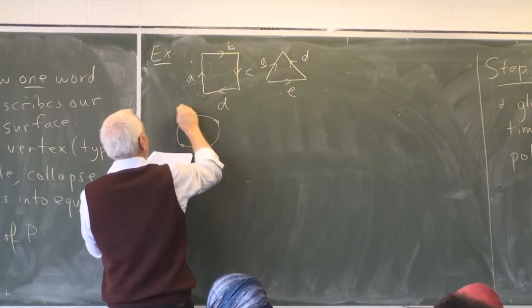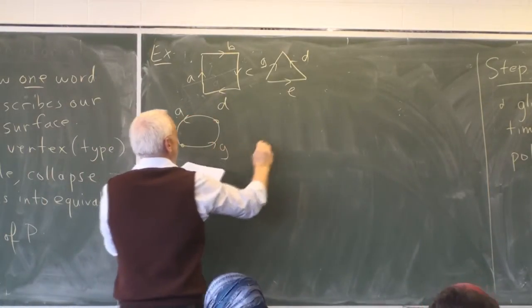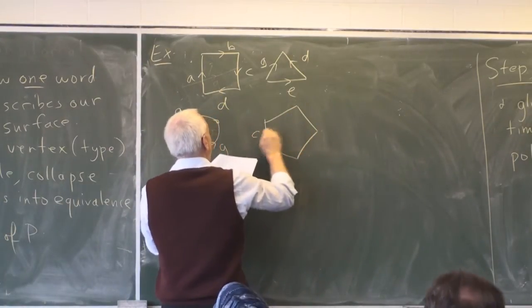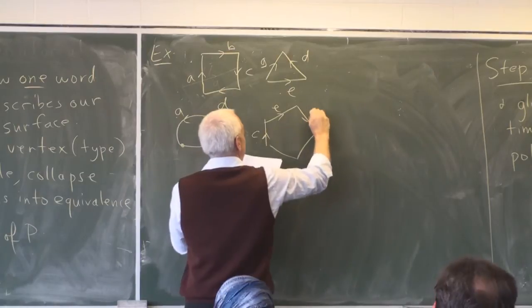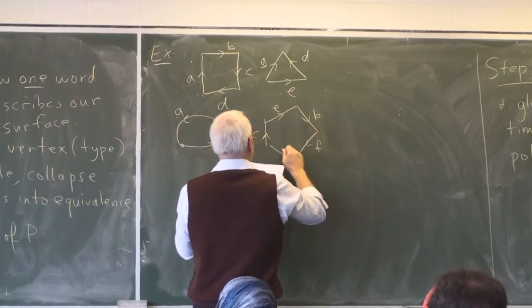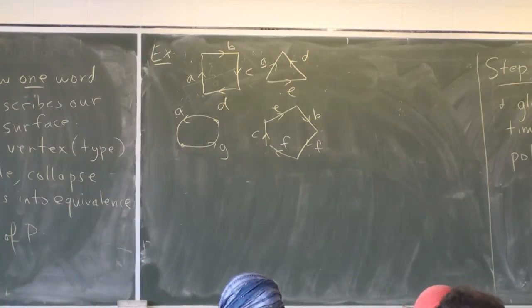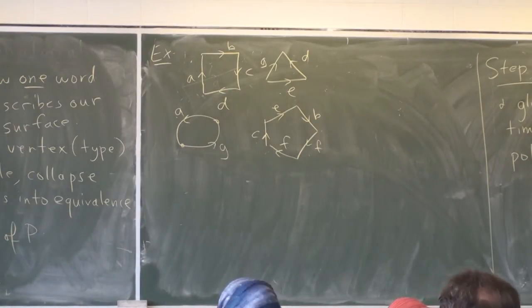Here's a two-gon with sides A and G, and a pentagon C, E, B, F, and F. That's the example that we talked about in the last lecture. So let me use that to illustrate what we're going to do here.